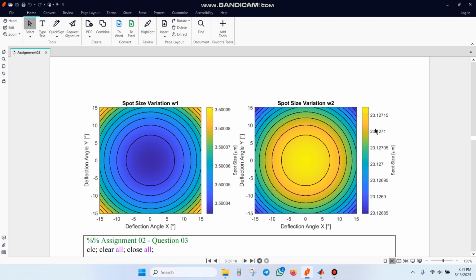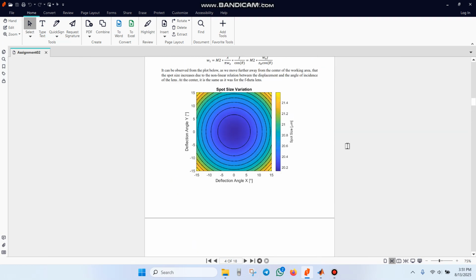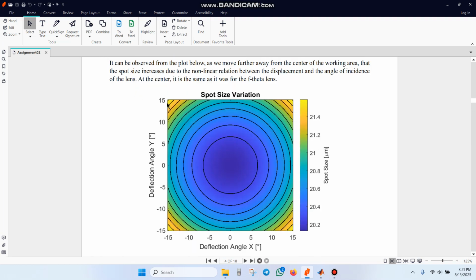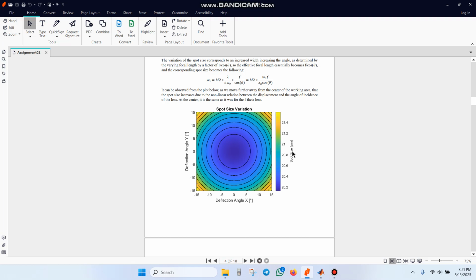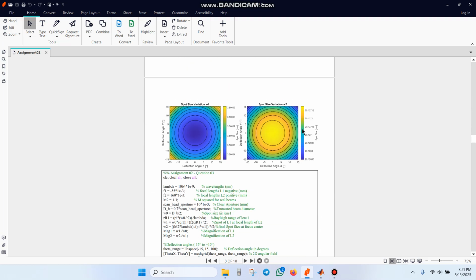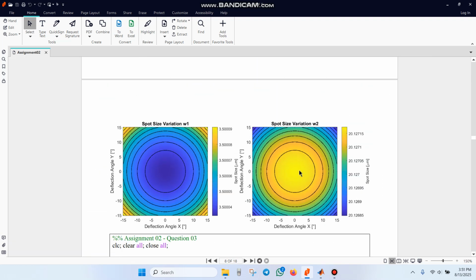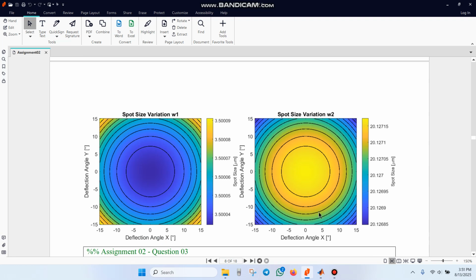If you compare it with the previous plot that we had for the spherical lens, you can clearly see that if we move towards the edge, the spot size changed to about 21.4 micrometer, which is a huge difference compared to 20.8. But here you can see the change is not that huge, and the spot size in the center as well as towards the corner stays at about 20.1 micrometer, which is essentially the diameter of the spot size.